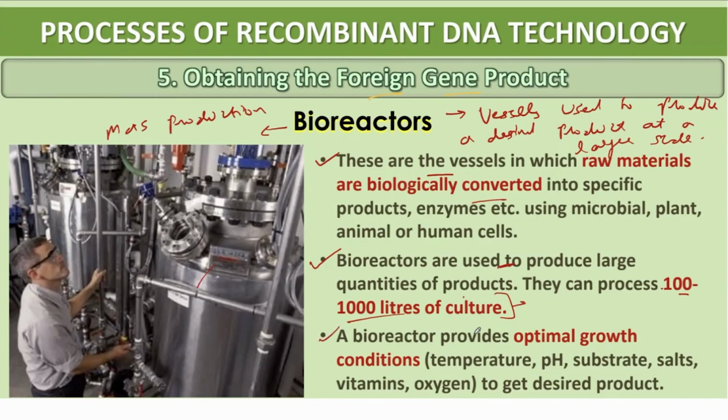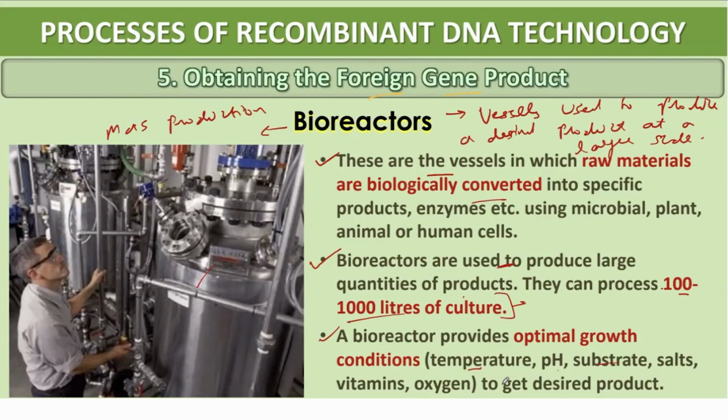Now again, these bioreactors provide optimal growth conditions: temperature, pH, substrate, salts, vitamins, oxygen to get the desired product. First of all, it should be sterile. We have already talked about this. Sterility is very important because there are multiple microbes living among us. So in order to grow just the specific bacteria that is useful to us, we need a sterile condition in the bioreactor.